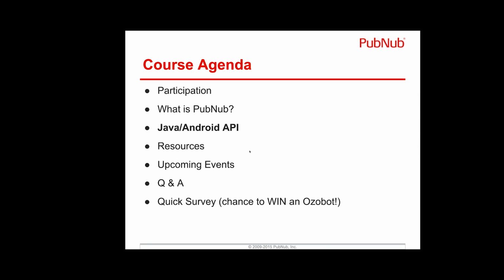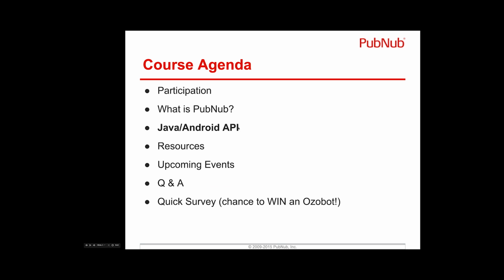What we're going to go through today: first, we're going to take a look at how you participate in the webinar. I realize all of you are in listen-only mode and can't chime in with questions as if we were in the same room, but there is a way you can participate, and we'll go through that. Then we're going to take a look real quick at what PubNub is. And then we're going to start drilling down into the Java Android API.